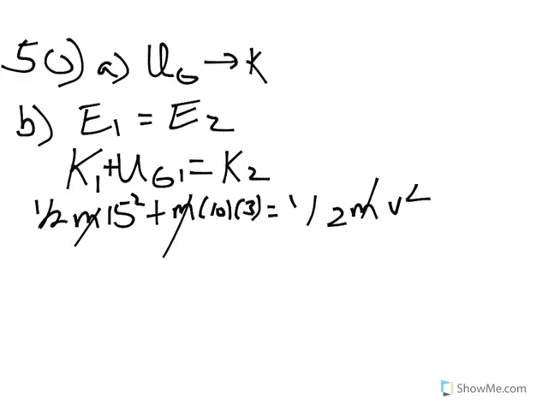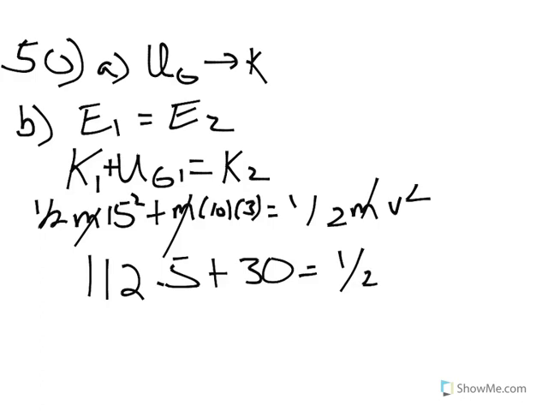Cancel out the m's. We're left with 112.5 plus 30 equals 1/2 times v squared. If you solve for v, you get 16.9 meters per second.